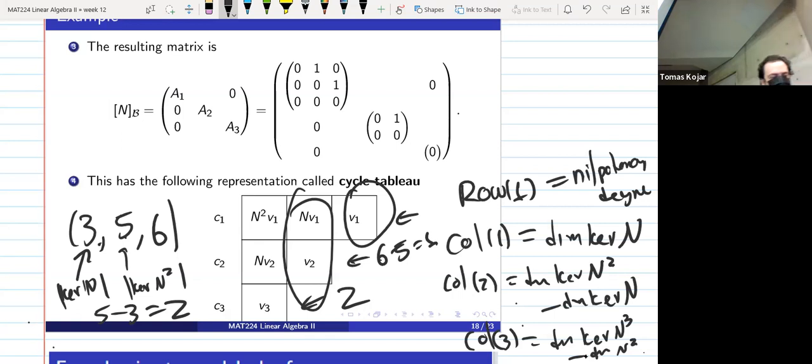No, tell me, where is it? You mean the basis or what? I still don't understand what the purpose of the cycle tableau is exactly. Oh, it just contains a lot of information. It contains all the information about the nilpotent map in one picture.